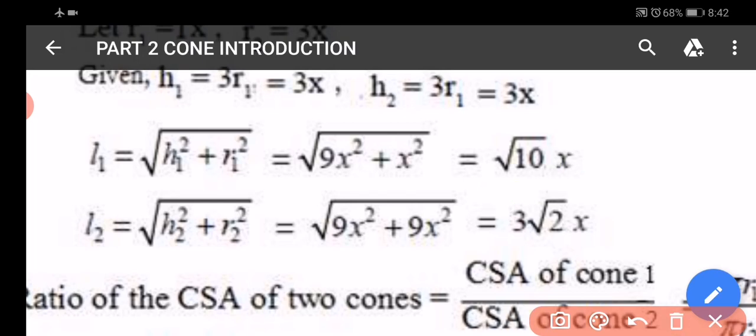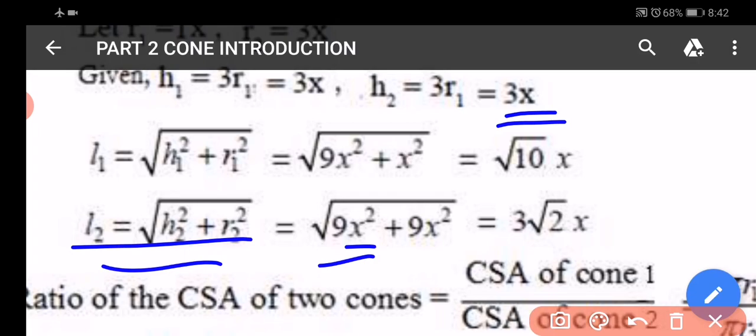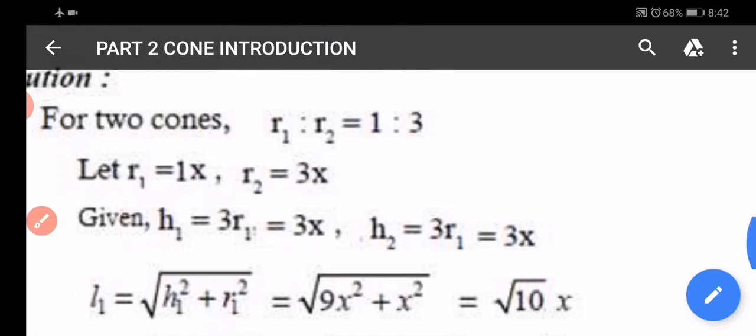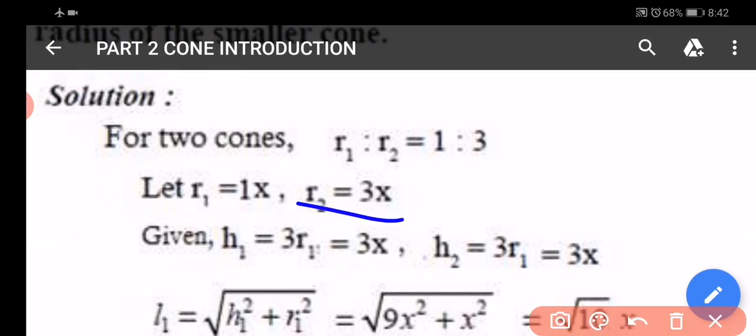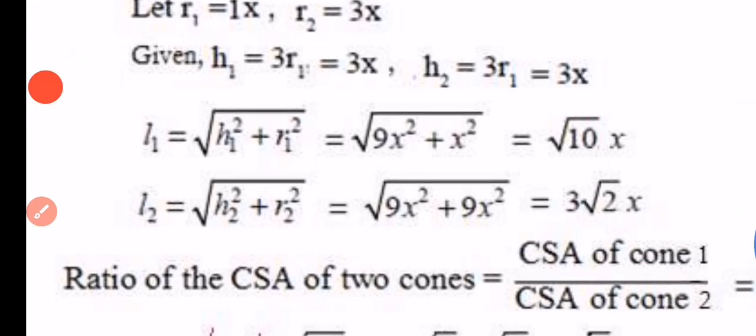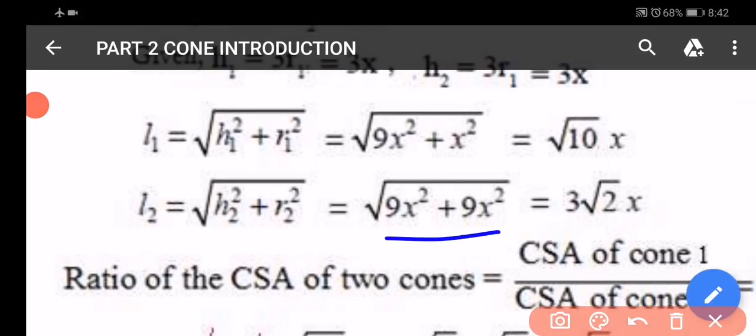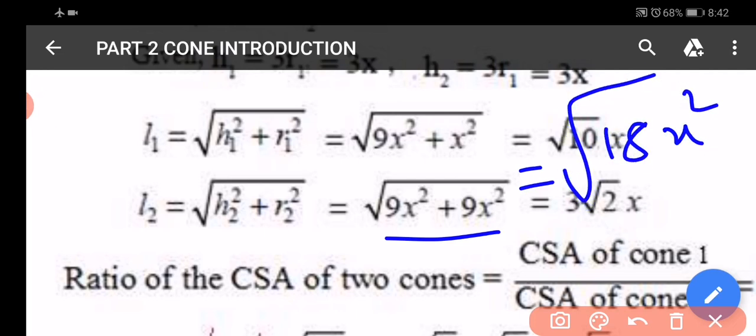And the second one, the slant height of the second cone, L2 equal to root of h2 squared plus r2 squared. Again h2 is 3x, so h2 squared equal to 9x squared, and r2 squared, r2 is 3x. Therefore 9x squared plus 9x squared equal to how much? Square root of 18x squared.